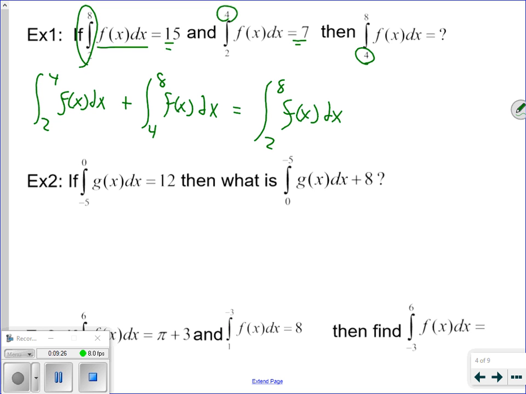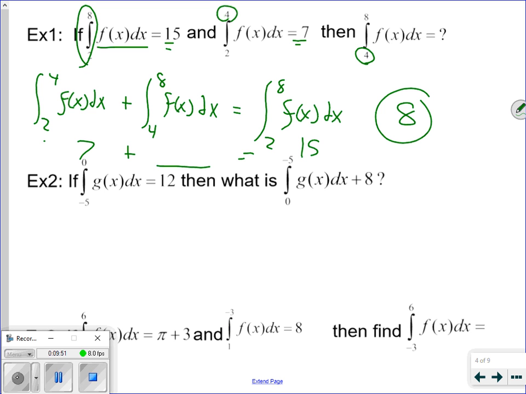It's like that example, a to b, b to c, well, that's the same thing as a to c. We kind of drew that earlier, right? So this whole thing's 15, and I know that 2 to 4 is 7, so 7 plus what gives me 15? Well, it's just 8. Okay, simple as that. Good exploration.